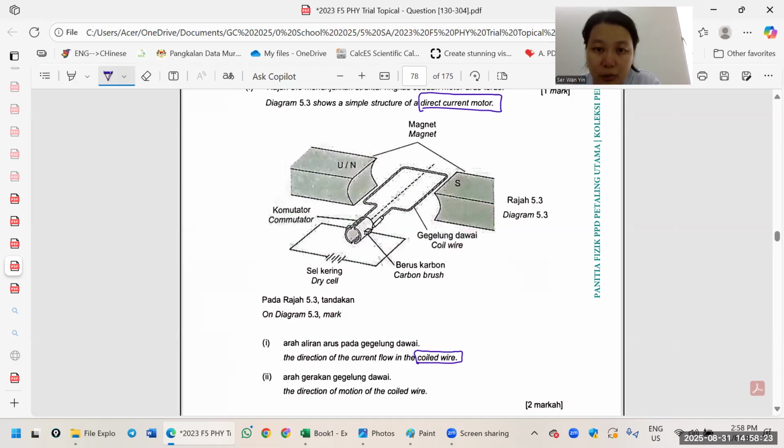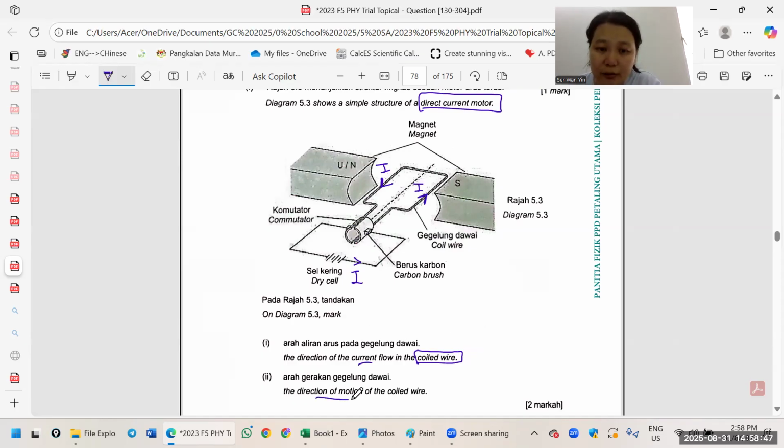Since they say coil wire, you must label inside here. You label here, no marks, so current comes here. You can label that, of course, but you must make sure you label inside like this. And come up. One mark for current. Please label I.